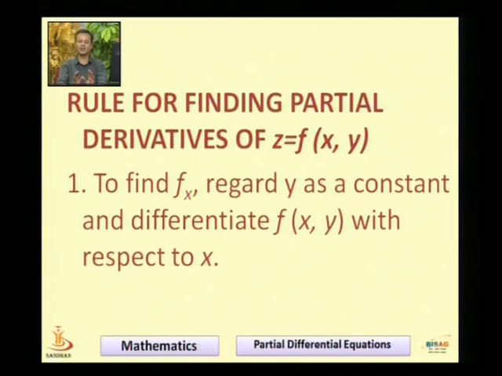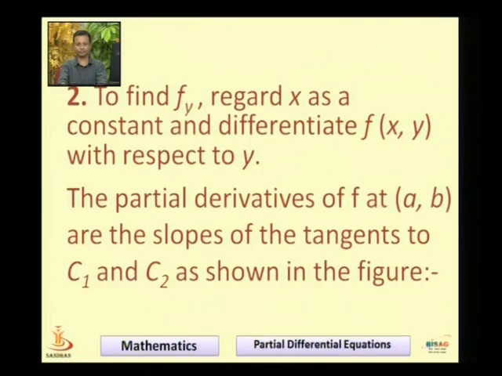So at that time consider y as a fixed variable, constant means constant, and differentiate the function f of x, y with respect to x. So if you have the function x square plus y square, then its partial derivative with respect to x will be: the derivative of the first term x square is 2x, and the derivative of y square partially with respect to x will be 0 because y is treated as constant when we differentiate partially with respect to the x variable.